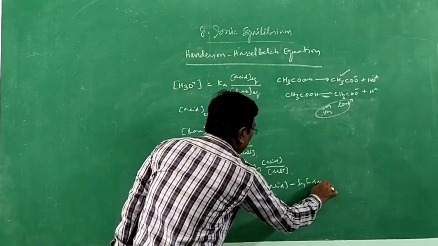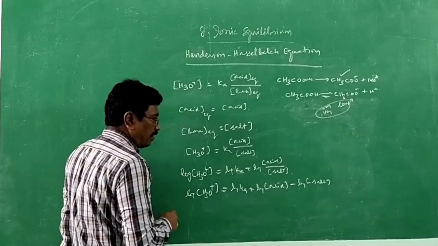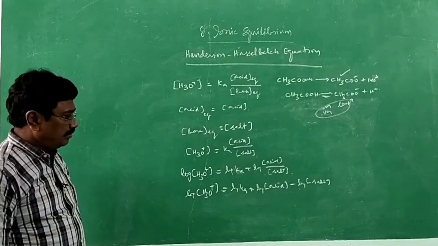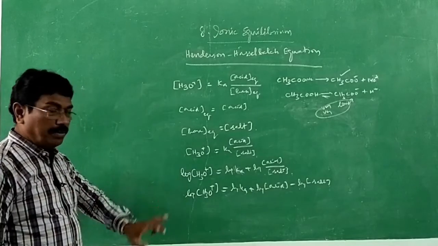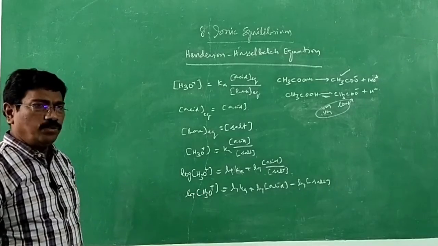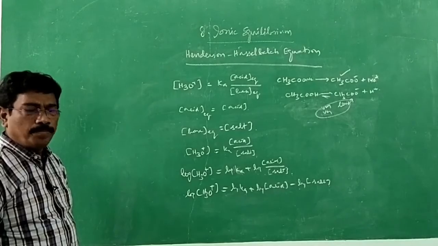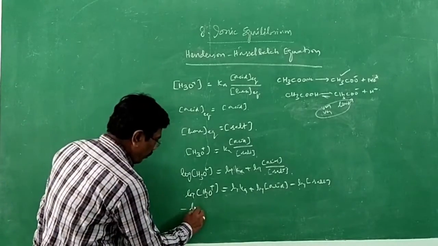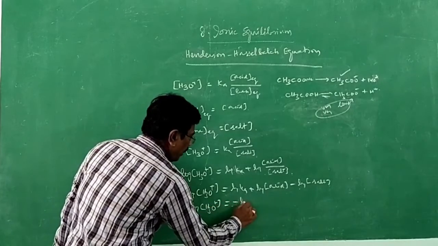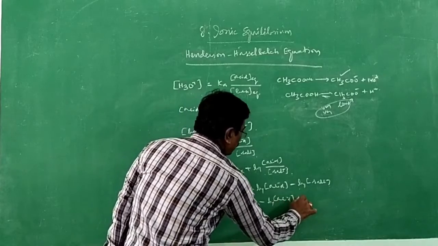Am I correct? Log A into B is equal to log A plus log B. Log A by B is equal to log A minus log B. That's all. Now, I need pH. Therefore, I need negative log hydrogen ion concentration. How to get negative log? Multiply the equation on both sides by -1. So, minus log hydronium ion concentration is equal to minus log Ka minus log acid plus log salt.